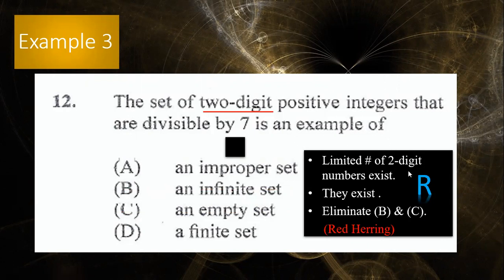So we know that we have a limited number of 2-digit integers. If you count positive integers, 1, 2, 3, 4, 5, but 10 is the first 2-digit positive integer. What is the last 2-digit positive integer? 99.